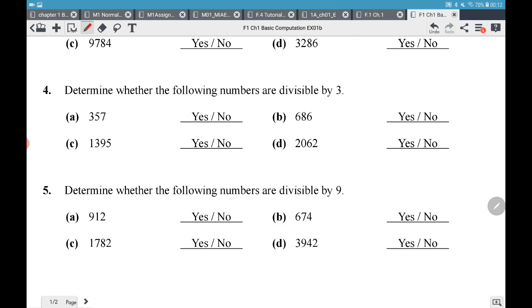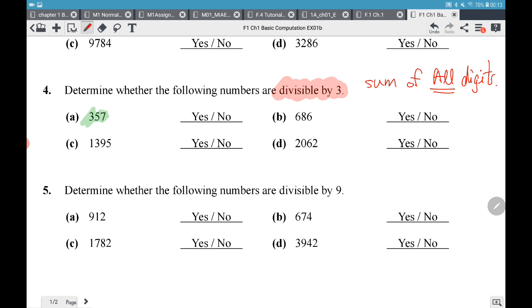So we go to question 4. This time we check the divisibility by 3. Again we are using part A. This time we have to find the sum of all digits. Therefore, for part A, 357.